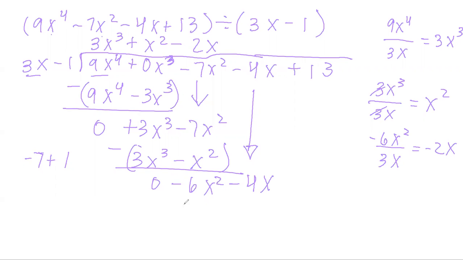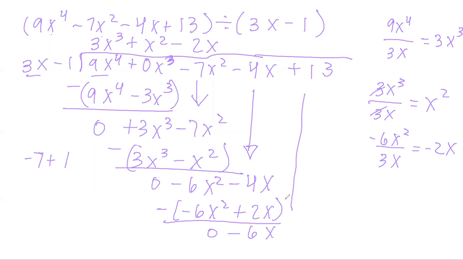So I have negative 6x squared plus 2x. So I get 0, negative 4 minus 2x. So I get minus 6x. And then lastly, drop down that 13.